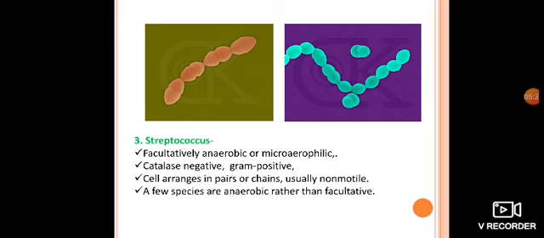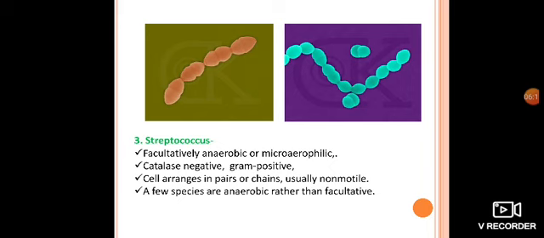Again, we find a few differentiating points. Cell arranges in a pair or chain, usually non-motile. If we consider staphylococci, they are totally irregular in structure, but streptococci have a pair or chain structure. Streptococci have a specific shape and size, but staphylococci do not have any specific structure.